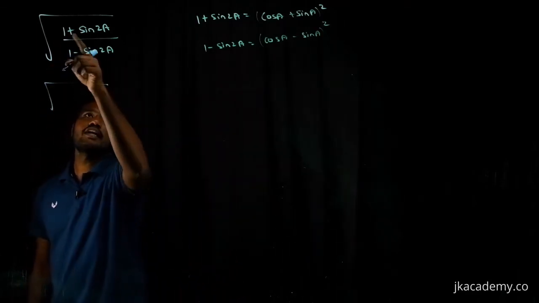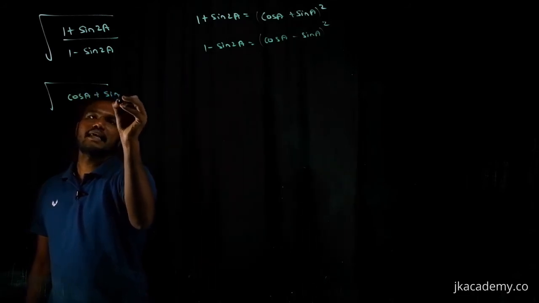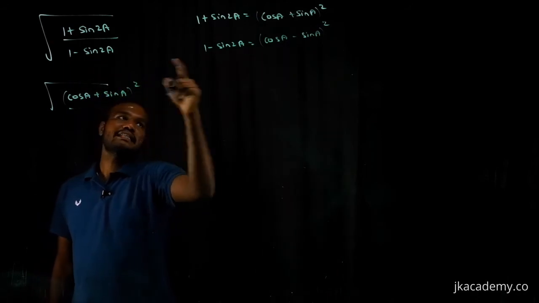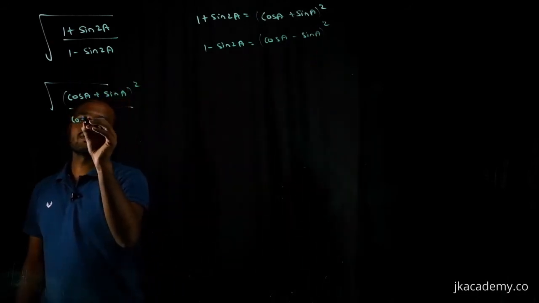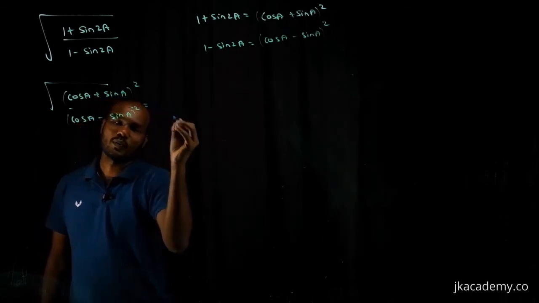So root of 1 plus sin 2a is what? Cos a plus sin a whole square divided by, so 1 minus sin 2a is this formula, that is cos a minus sin a whole square.